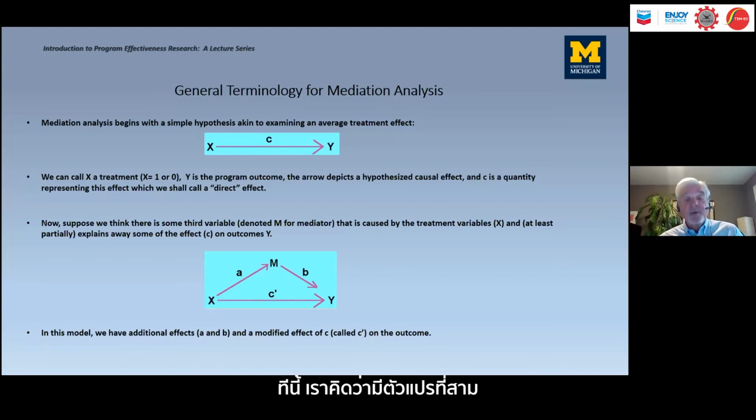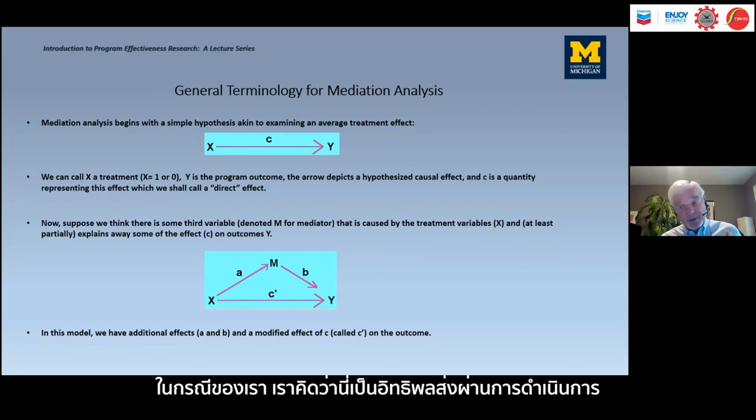Now, we think there's some third variable, which in this literature is often denoted M, for mediator. In our case, the mediator is implementation.